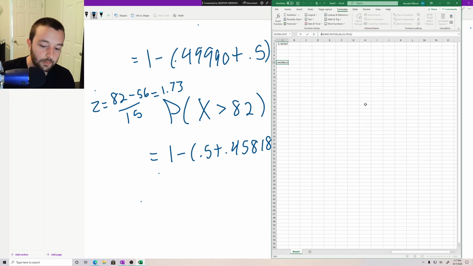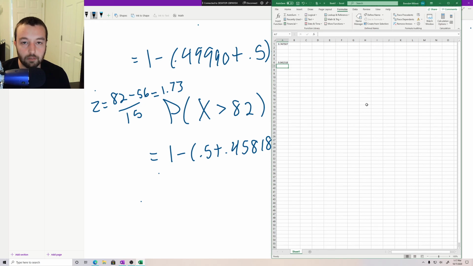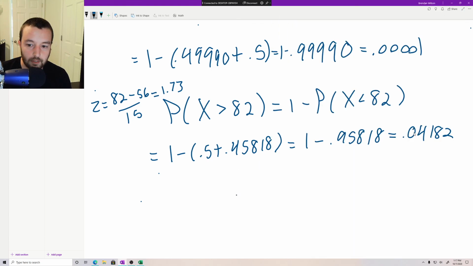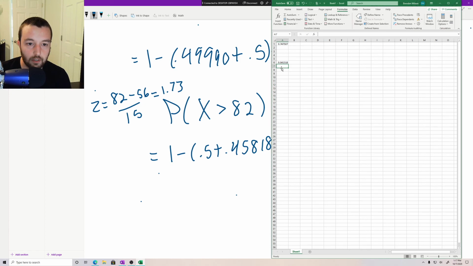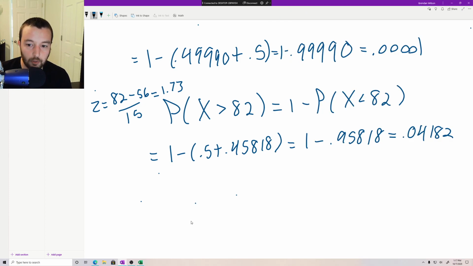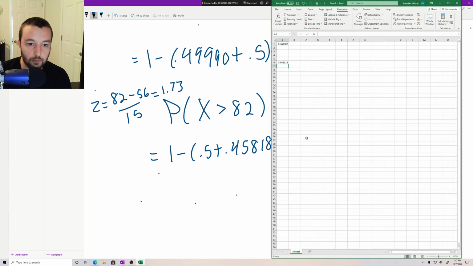Because we have a function, though, we can just come up here and do 1 minus that. And then it'll give us our 0.041518. Okay. Again, it's a little different than this, right? 0.04182 versus 0.041518. And that's just because of rounding.